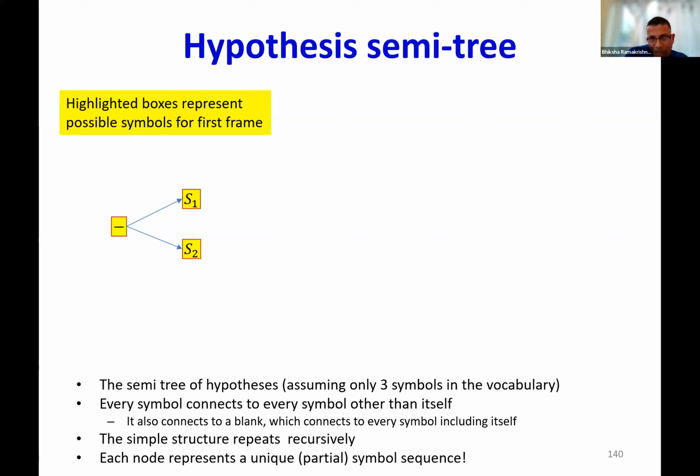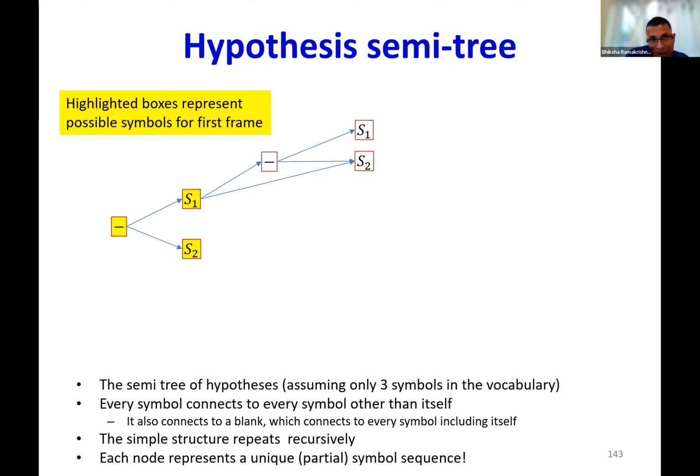Now look, S1 could be followed by an S2, right? But for S1 to be followed by an S1, there must be an intermediate blank. Again, the blank is invisible, but it must be there. You can't have S1, S1 without the blank because it would compress to just S1.